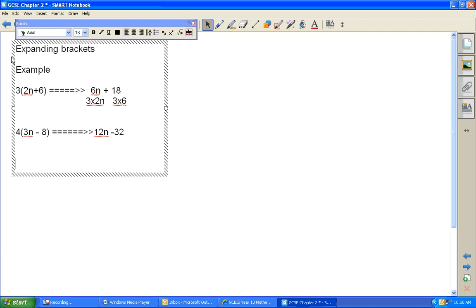Even slightly more complicated: 4n times (2n - 5). It shouldn't be too many problems, particularly if you're fine with exercise 2C. 4n times 2n will give us 8n squared, minus 20n.